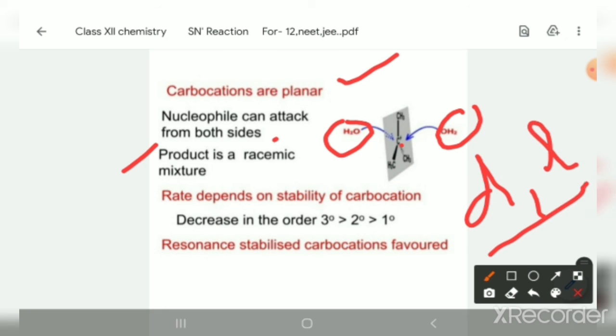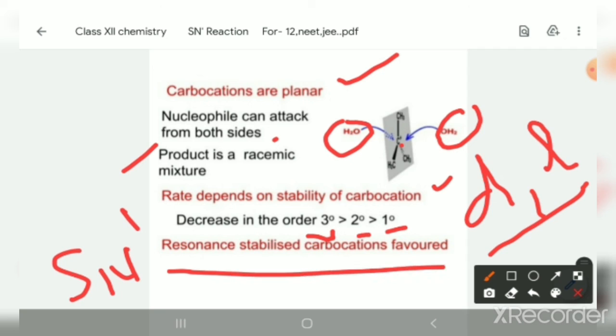Both compounds will form here, and the rate depends on the stability of the carbocation. So for the SN1 reaction, the reactivity of alkyl halide will be 3 degree more reactive than 2 degree, than 1 degree toward the SN1 mechanism.